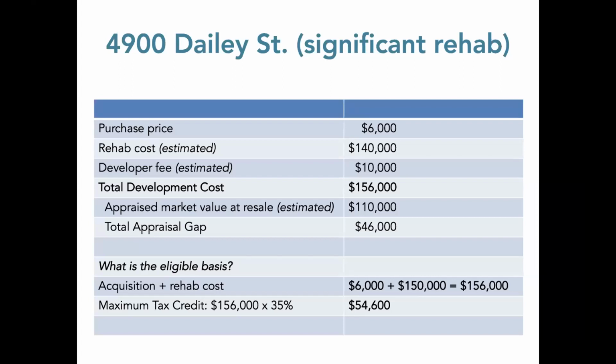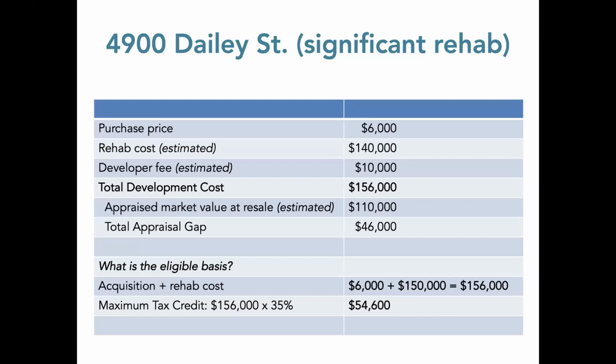The developer fee, which is an eligible cost, would result in a total development cost of $156,000. The appraised value at resale was estimated at about $110,000, leaving a total appraisal gap of $46,000.